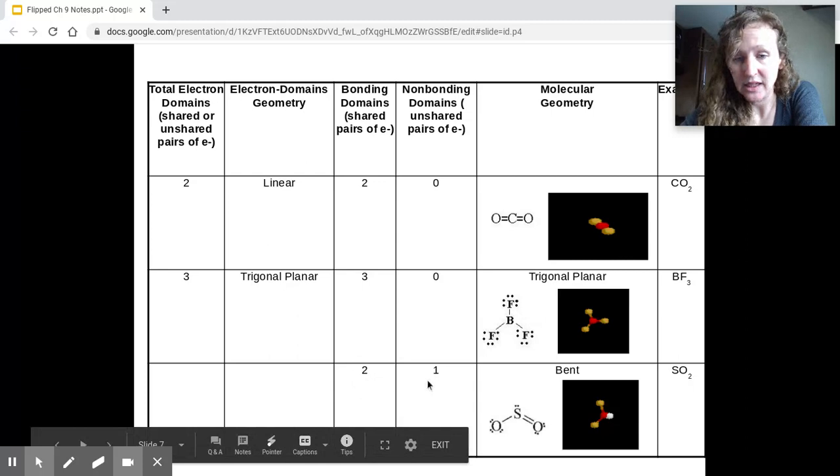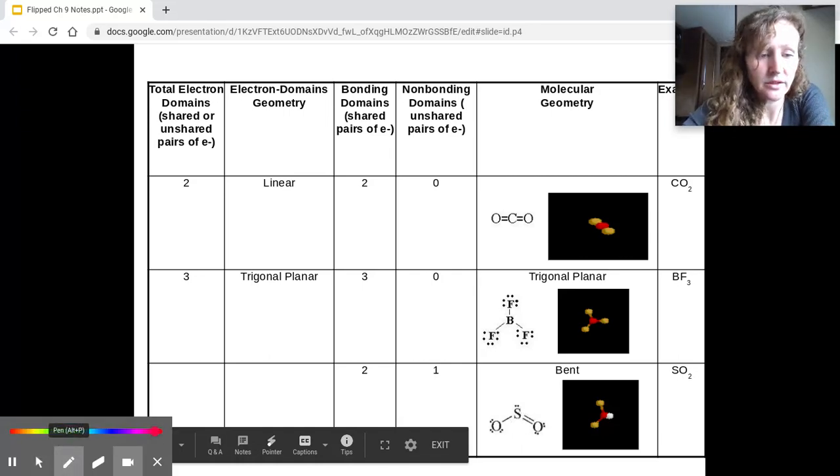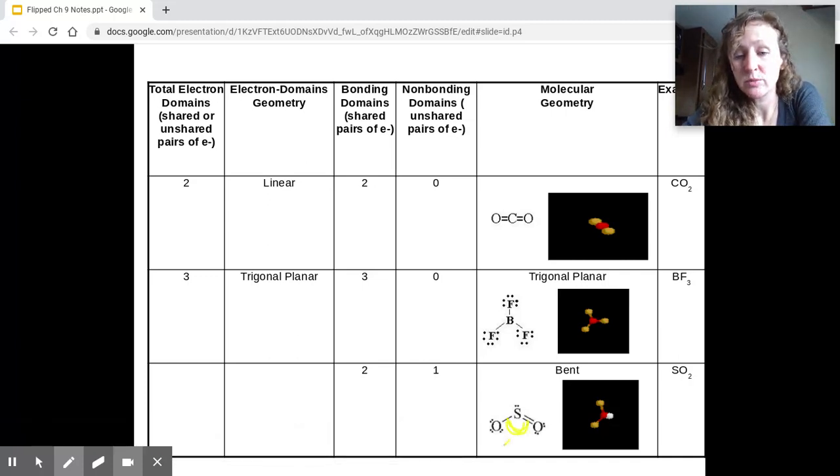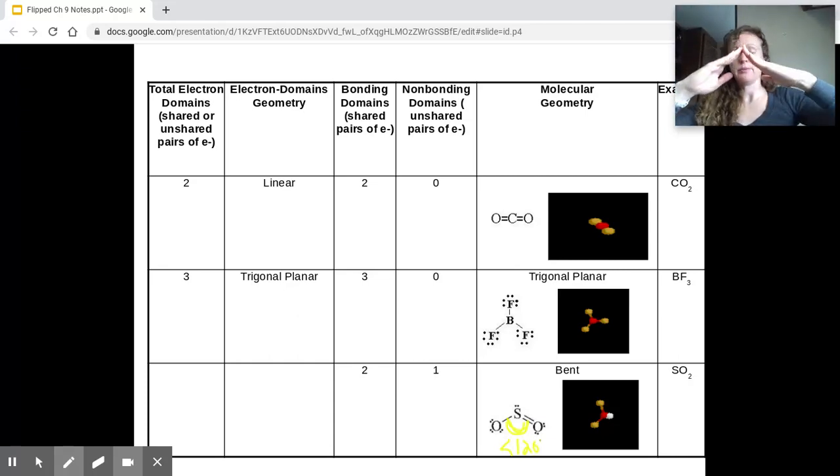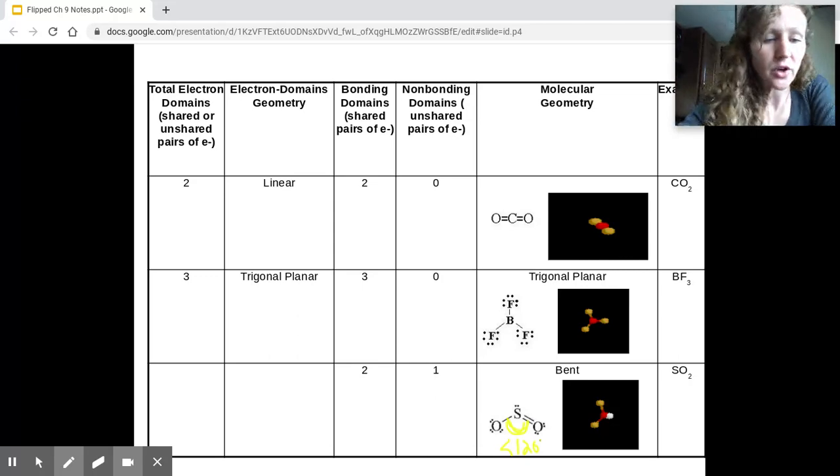If we have 2 bonding and 1 non-bonding, so notice this sulfur here has 2 bonding regions, a single bond and a double bond, and a lone pair region, the angle between my 2 bonding regions is going to be less than 120 degrees because that lone pair is going to squeeze those bonding pairs together.